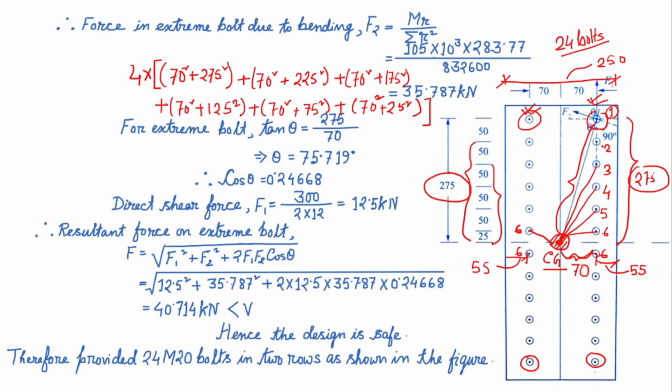Because if you notice the 6 bolts, the other bolts are also symmetrically placed. If I calculate for the 6 bolts and then multiply each distance by 4, then I shall get the square of the distance of each bolt from the CG. Okay, because this is 1, 2, 3, 4, 5, then 6, then this can also be marked by 1, 2, 3, 4, 5, 6.